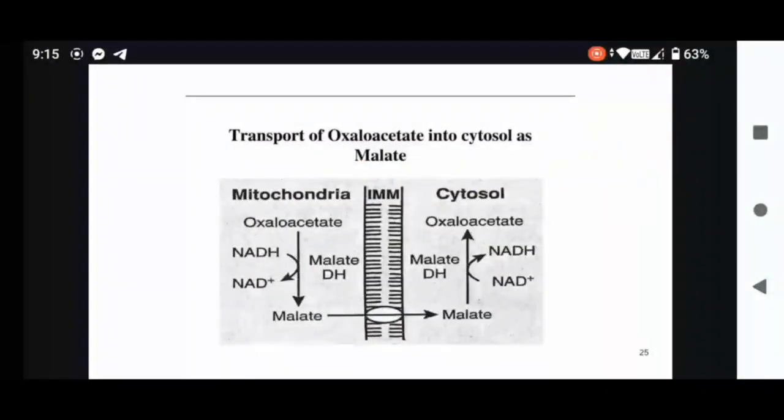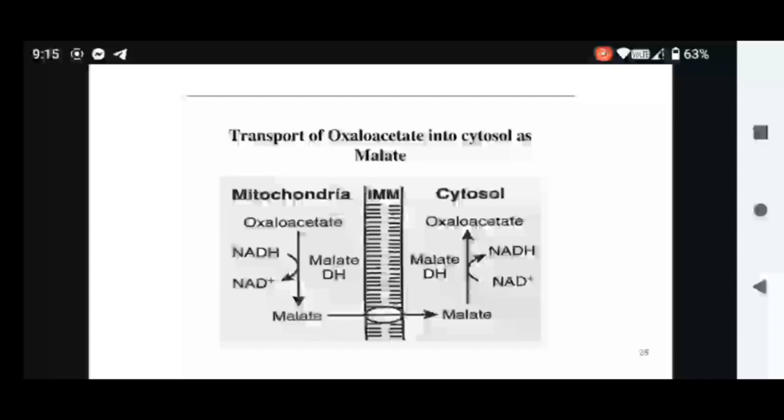Transport of oxaloacetate into the cytosol as malate. Oxaloacetate or OAA cannot cross the mitochondrial membrane directly, so in gluconeogenesis it is converted to malate for transport into the cytosol. This process is part of the malate shuttle and involves the following steps.